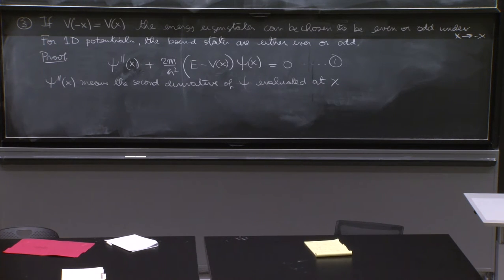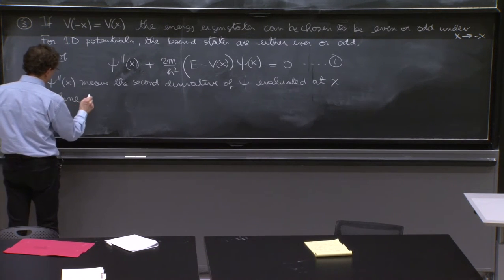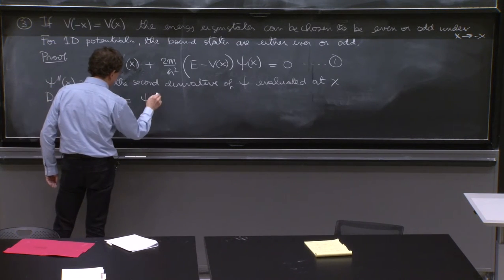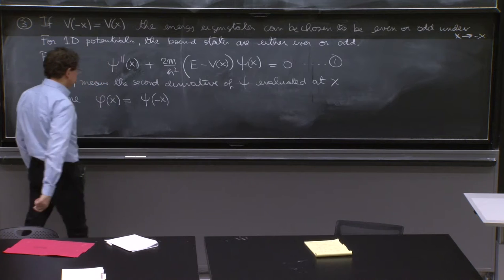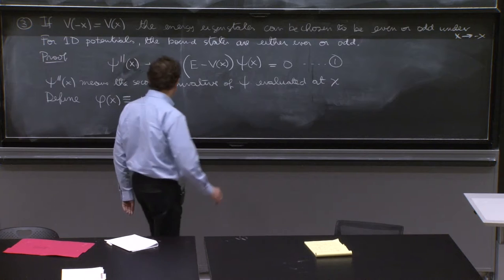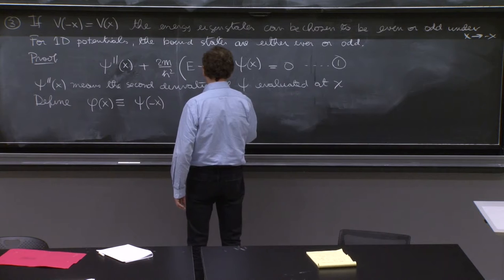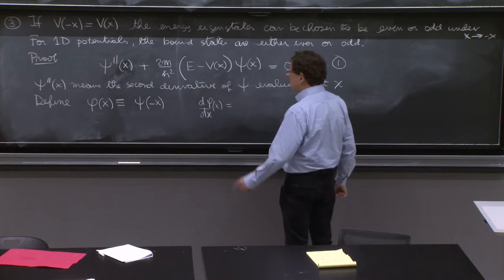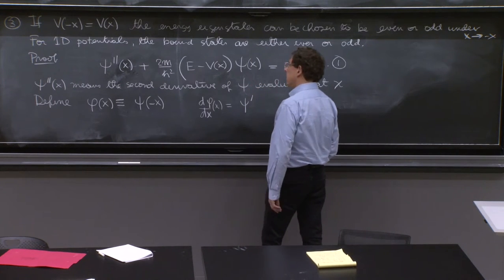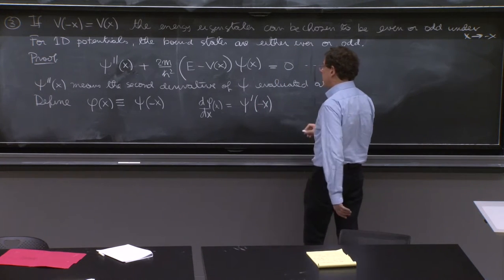And in order to do that, I will just define phi of x to be equal to psi at minus x. So if you have that, the derivative of phi with respect to x, you must differentiate this with respect to the argument. You evaluate at the argument, and then differentiate the argument with respect to x.